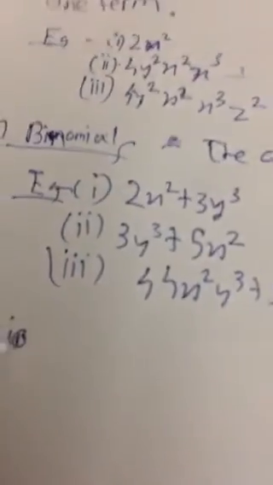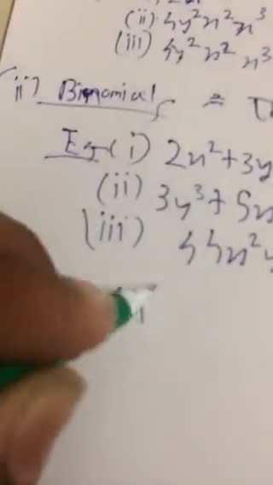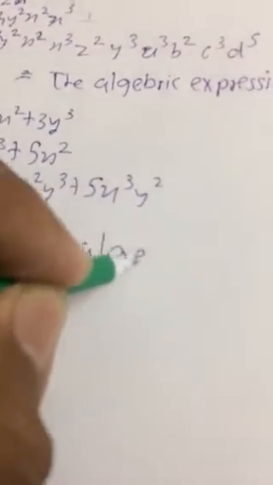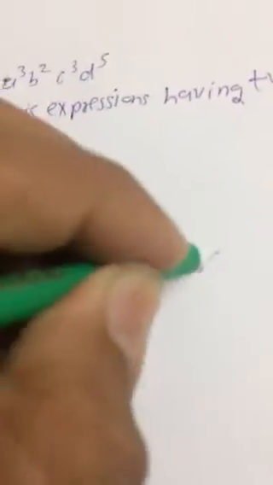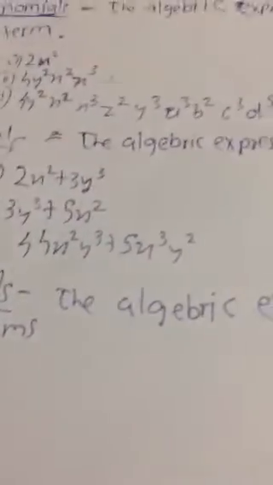Now let us go to trinomials. What are trinomials? The algebraic expressions having three terms are known as trinomials.